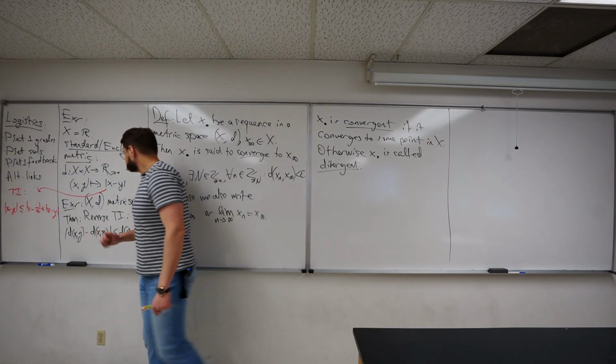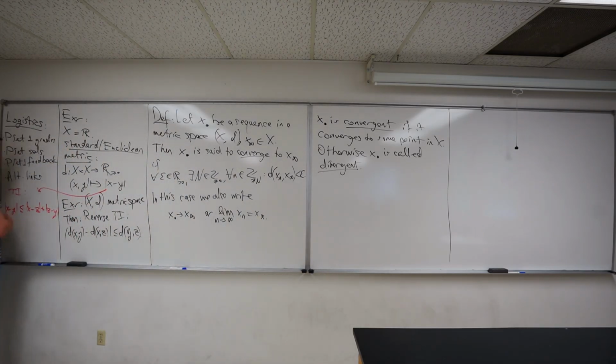Another exercise I'm going to leave to you is that if you have a metric on your set, then you have what is called a reverse triangular inequality, which says that the difference between the distances d(x,y) and d(x,z) is dominated by the distance between y and z. This really follows from the triangular inequality.